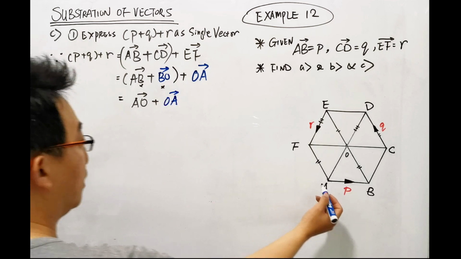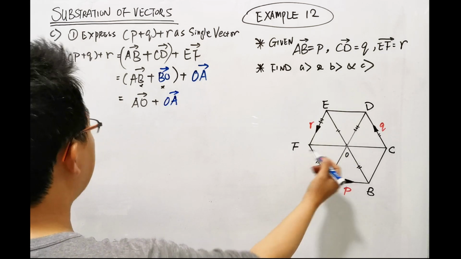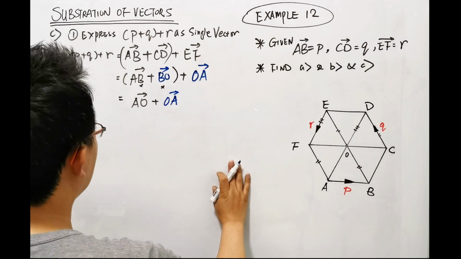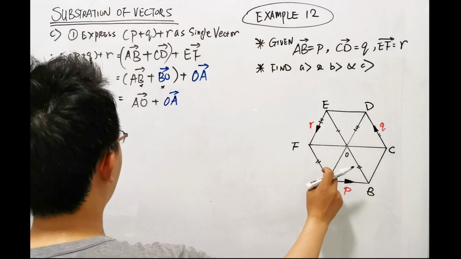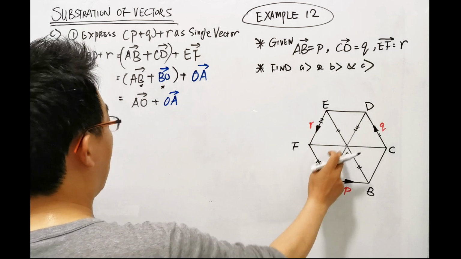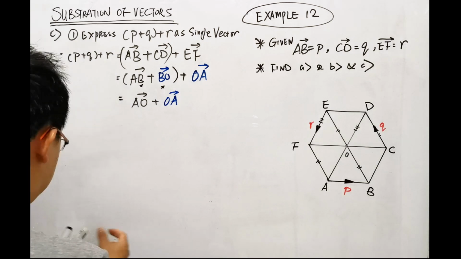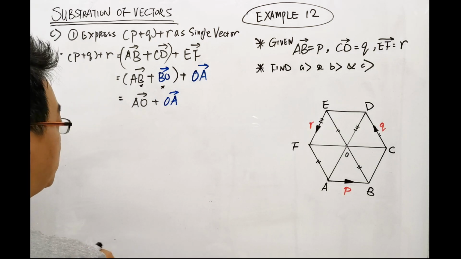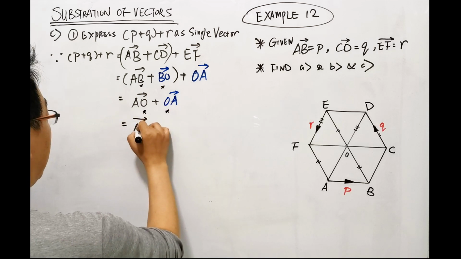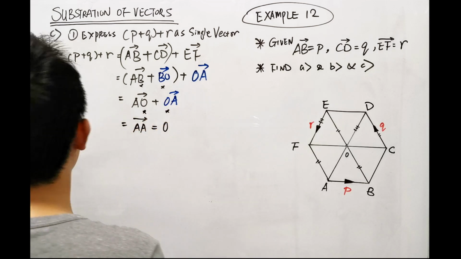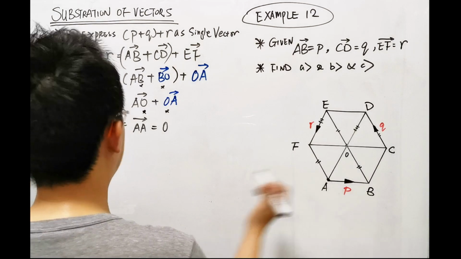OA equals OA plus AO plus OA. These are two opposite vectors, so they cancel each other. We get AA, which becomes 0, because it is the same point, the point A.